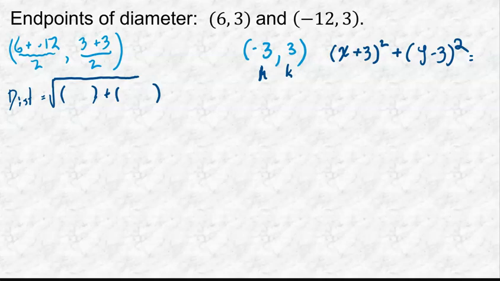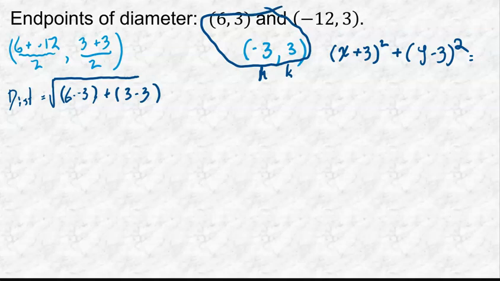Now comes the point where I have to find the radius. I could plug that into the distance formula for sure. I could just pick one of these points. I have to be really careful and be consistent. So what I did here is I just picked these 2 points.